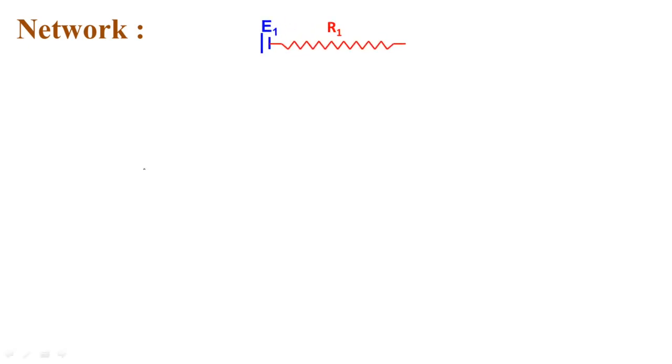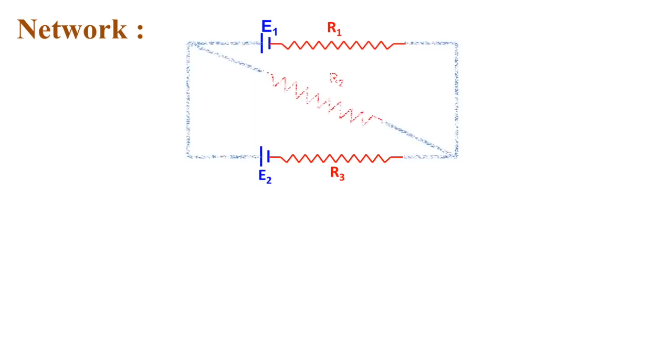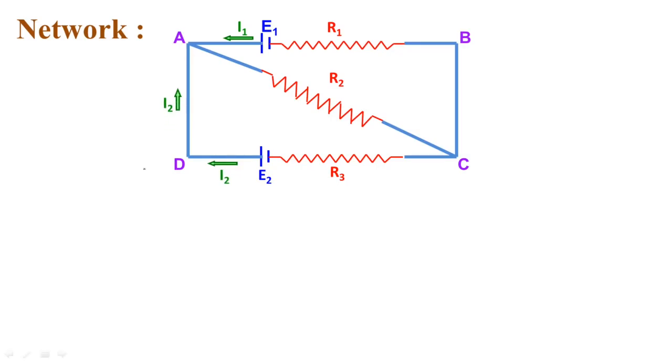Let resistance R1 be connected to E1, R3 to a battery having EMF E2, and resistance R2 connected diagonally, forming the network ABCD. I1 is the current drawn from source E1, I2 the current from source E2. From junction point A, current I1 plus I2 flows through resistance R2.